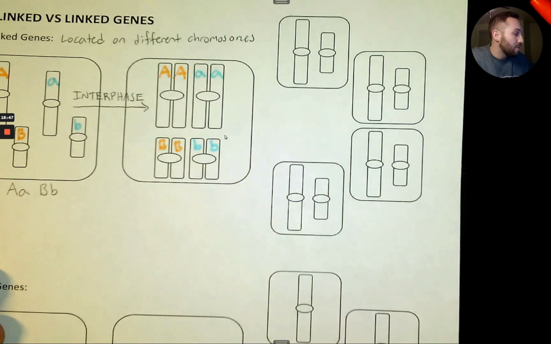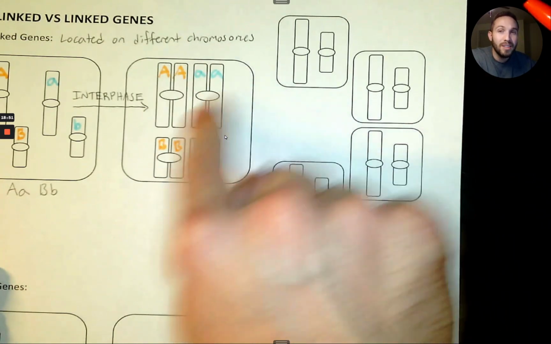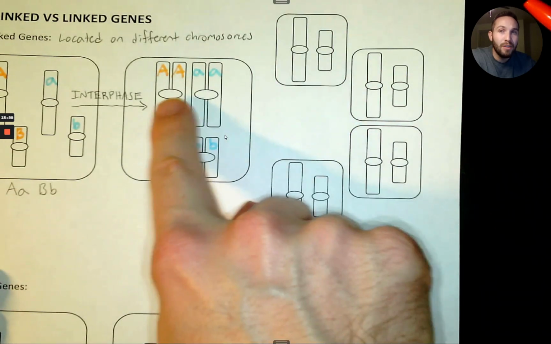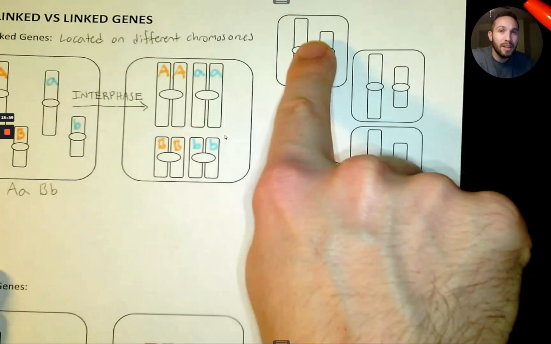And then what we could do here is figure out all the different combinations in meiosis, with all the different ways that these could line up and separate from each other into daughter cells. We could figure out right now, okay, what are all the ways that one of these guys could end up with one of those guys in a daughter cell?